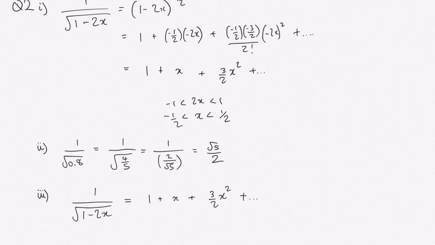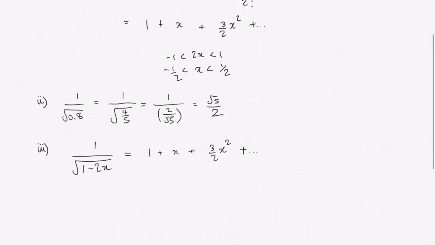But if we've got a small enough x, we can say that 1 over the square root of 1 minus 2x is approximately equal to 1 plus x plus 3 over 2 x squared, because the remaining terms, the x cubed term, the x to the power of 4 term, for really small x, are going to get very small very quickly. So we can make this approximation if x is small.